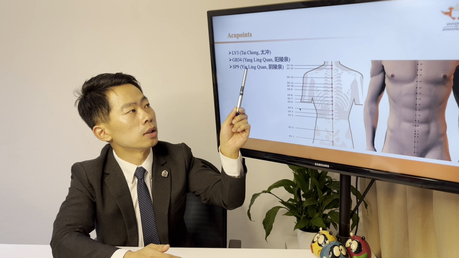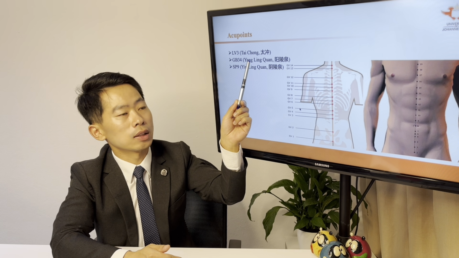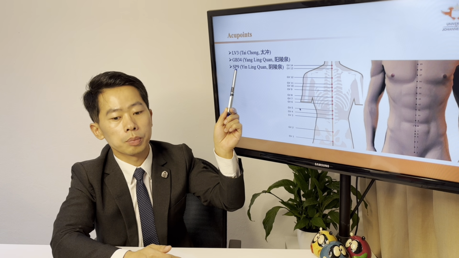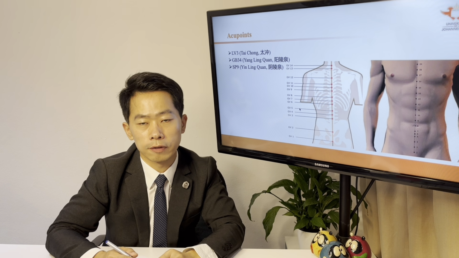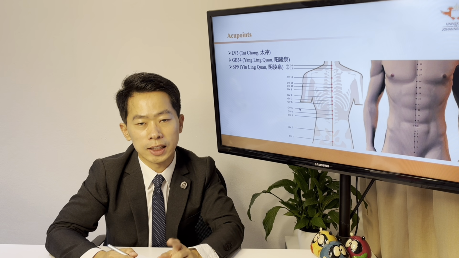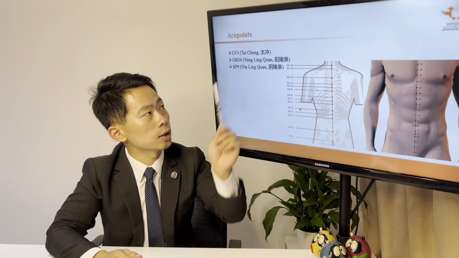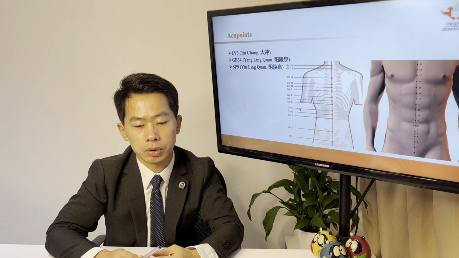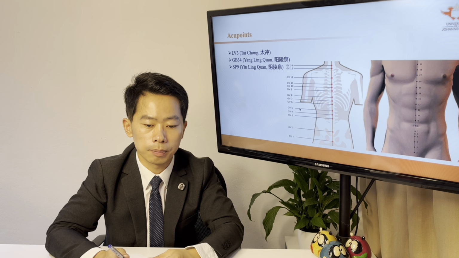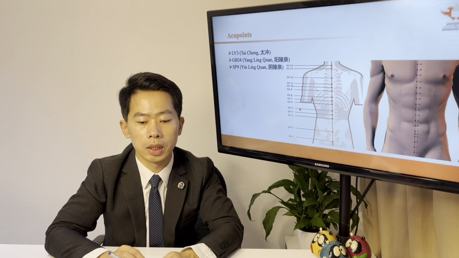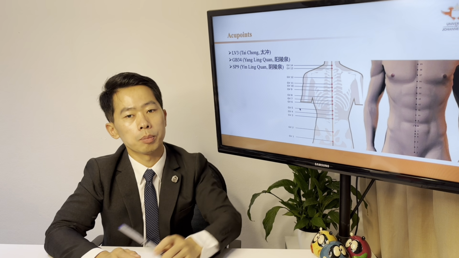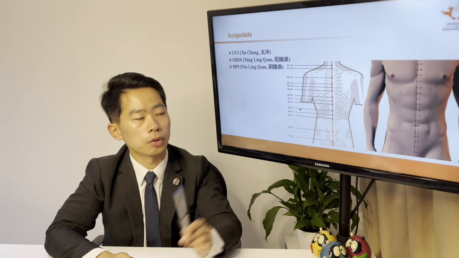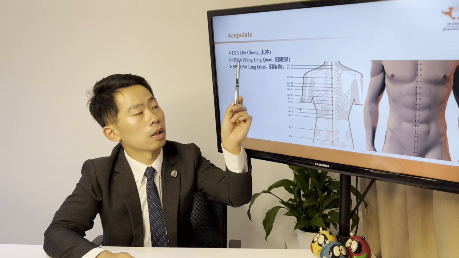As you can see from here, this is yang qi coming out of this point, yin qi coming out of this point. That's why this point can be used to tonify yin. This point can tonify yang. So anything related to yang disorder, then you can use Yang Ling Quan. And GB34, GB34 is also the meeting point of the ligaments. So anything related to ligament disorder, you also can use 34.